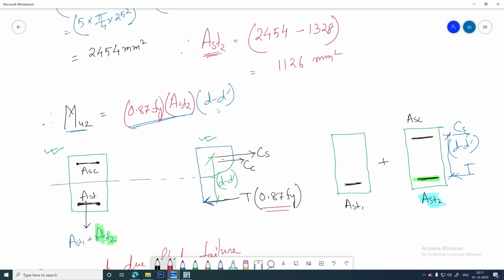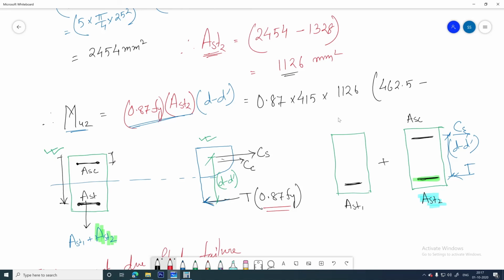It is very easy. It is 0.87 into 415 into AST2, which is 1126, into d minus d dash. So d is how much? d is from the top to this particular distance. I think that we have already determined. That is 462.5 minus d dash, and d dash is from the top to the center of this top reinforcement.